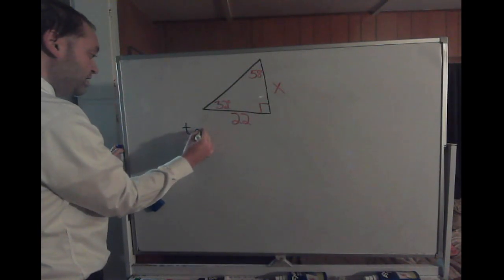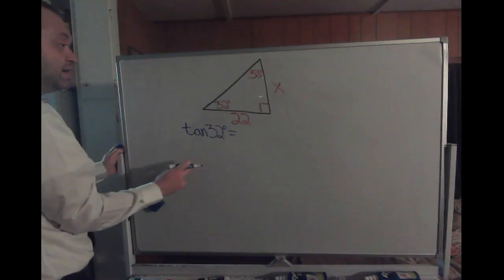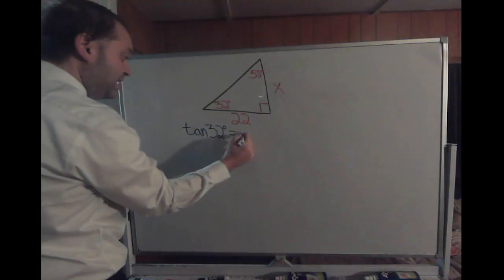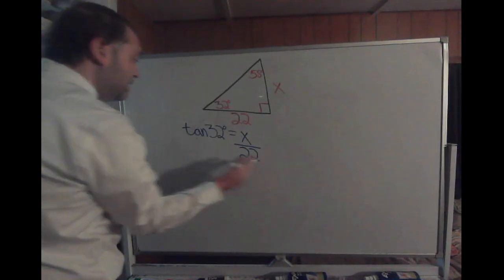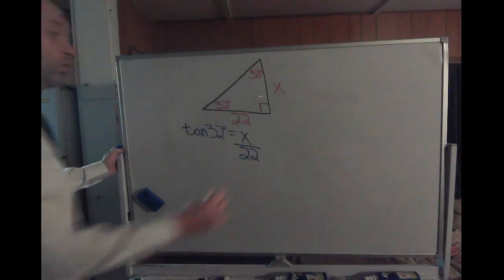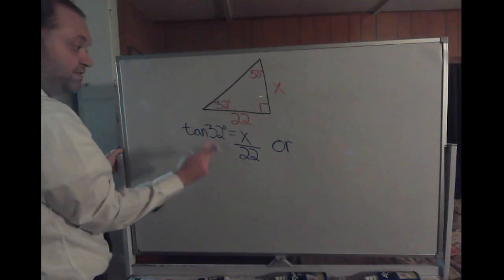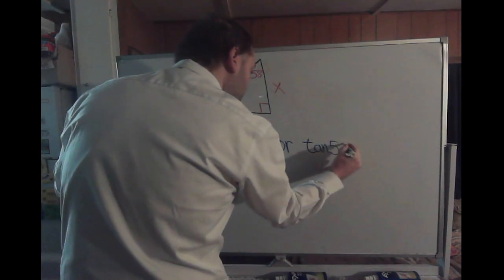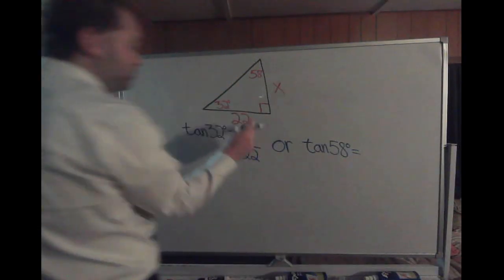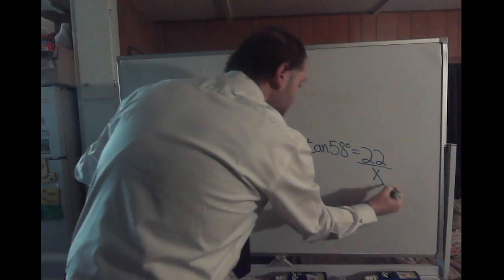So tangent of 32 degrees is equal to the opposite side, which is x, over the adjacent side, which is 22. Or you can always do the tangent of 58, which would be equal to the opposite side of 22 over the side adjacent to the 58, which would be x.